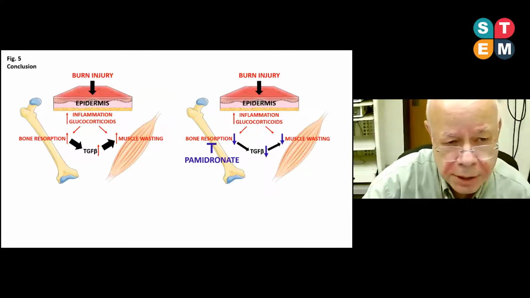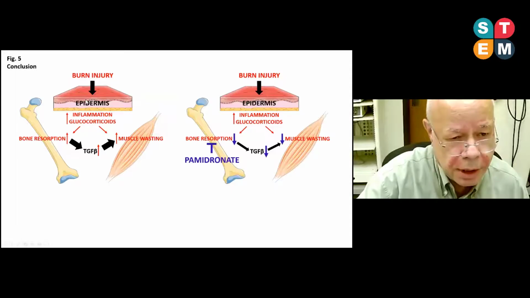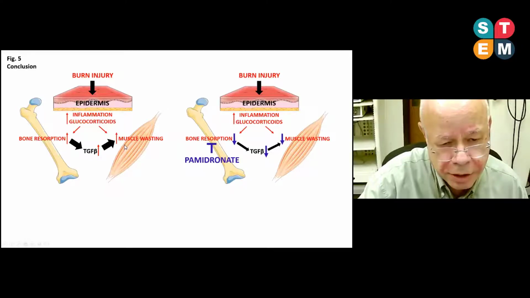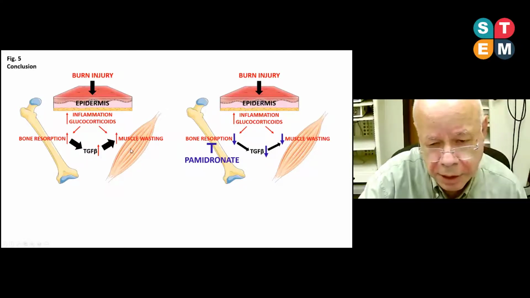So to summarize, burn injury will cause inflammatory and stress-related responses that will cause an increase in bone resorption, a release from bone of TGF-beta, and an increase in muscle wasting.